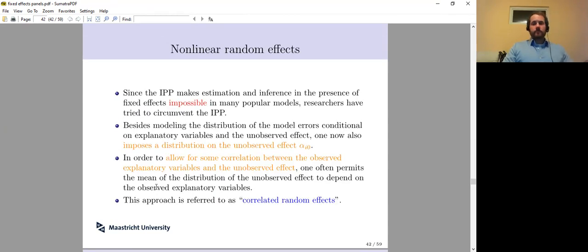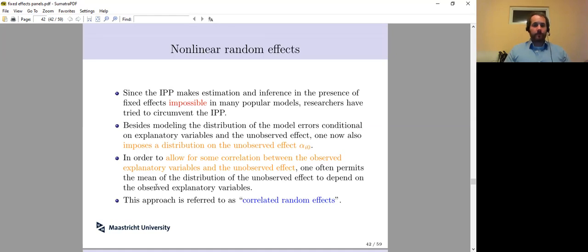Now, what you can also do when you cannot find a sufficient statistic, and this has been traditionally done, even before the bias corrected estimators were derived, is use random effects models.